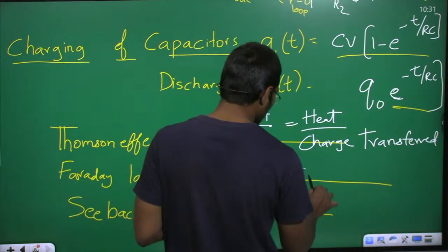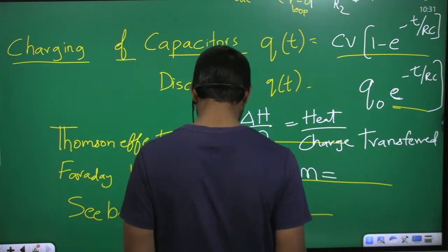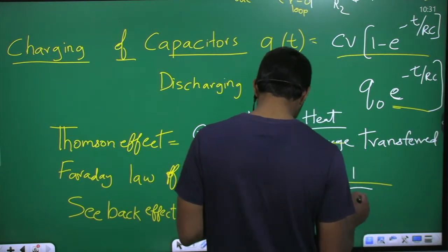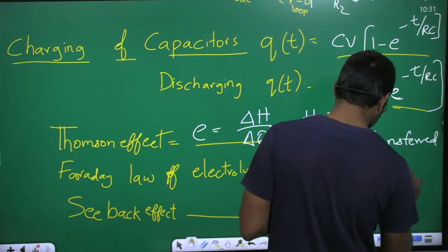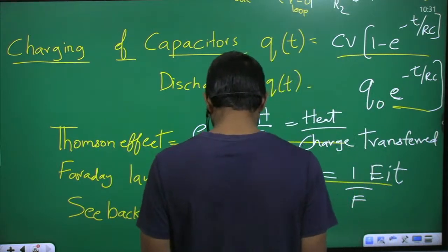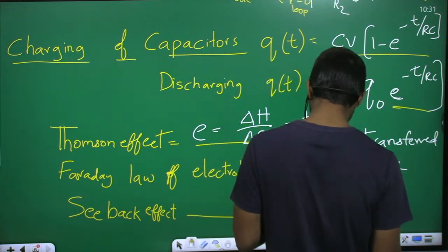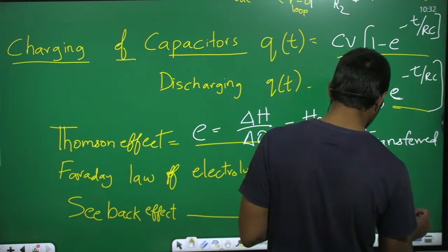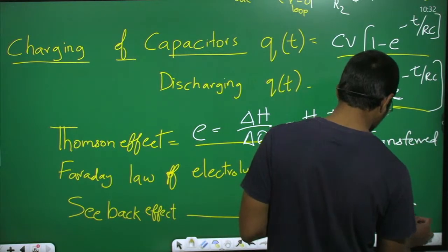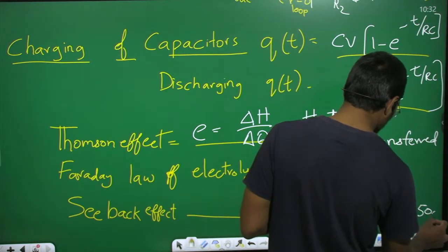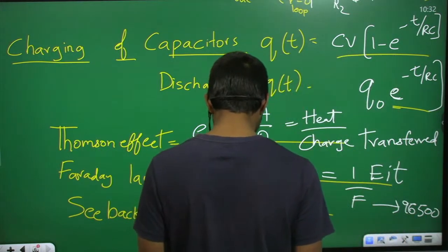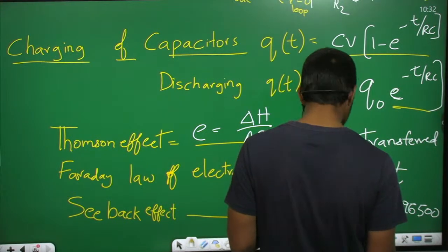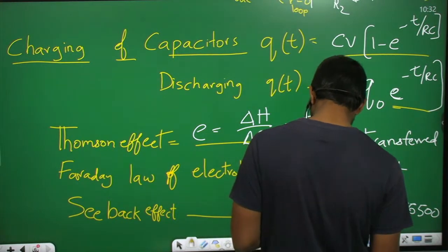Mass deposited is equal to 1 by F, E I T, where E is the chemical equivalent, F is the value 96,500 if you approximate, T is the time taken, I is the current, E is the chemical equivalent, okay?